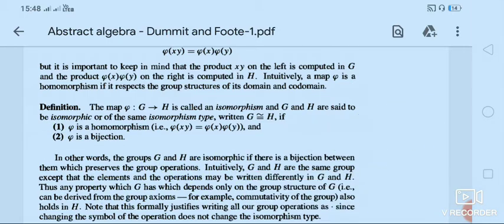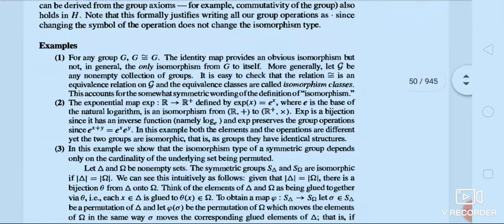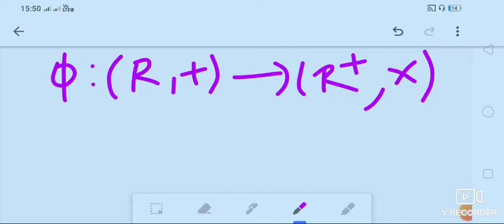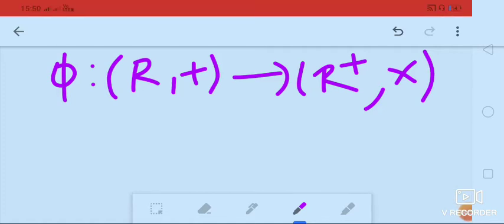So we see some examples. Here I am taking pi as a function from R plus, the set of positive real numbers, with respect to multiplication. This is a group.